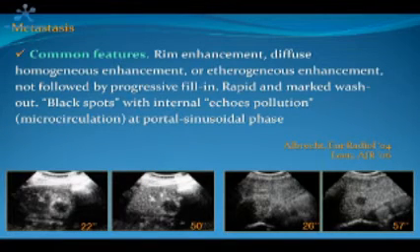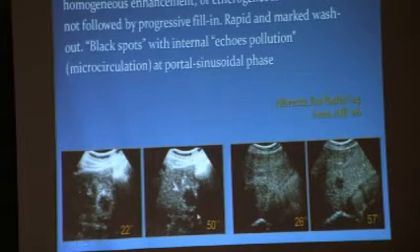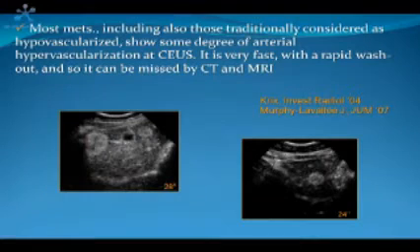The CEUS appearance of metastasis is some degree of enhancement in the arterial phase, annular, diffuse, homogeneous or heterogeneous, with no centripetal fill-in, of course, and a very fast and strong washout. So we will check for black spots with microcirculation inside, with moving echoes in real-time assessment during the portal and sinusoidal phase.